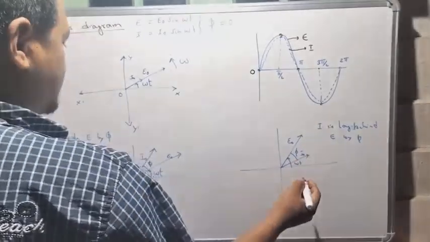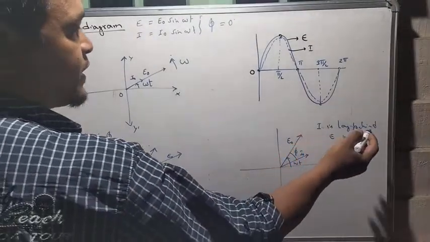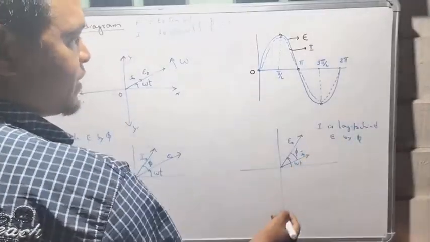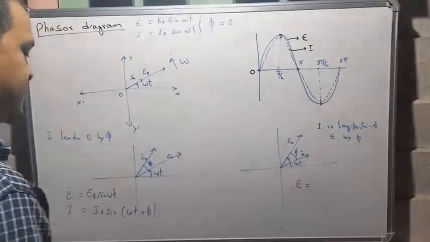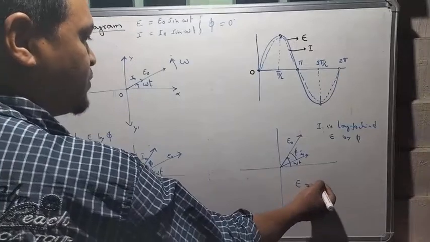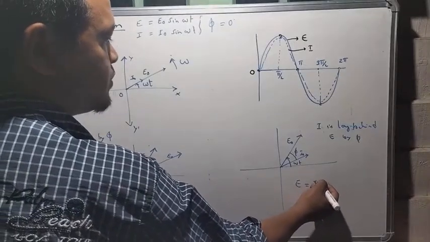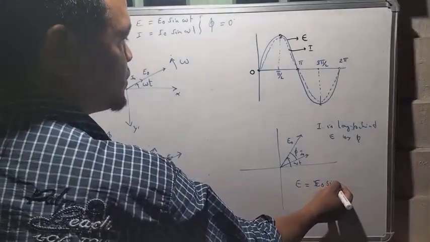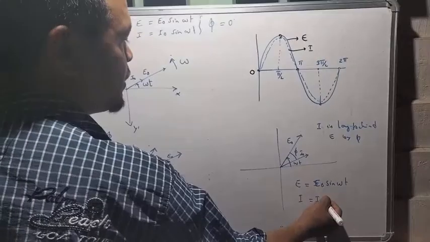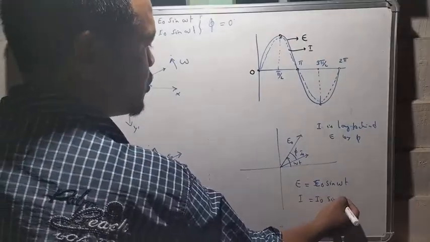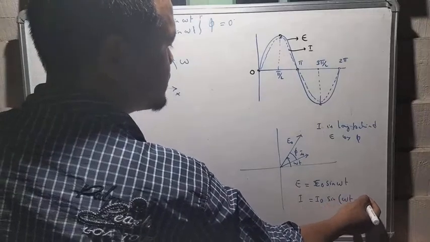So if the current is lagging behind the EMF by an angle phi, then the equations of the instantaneous EMF and current will be E equal E naught sine omega t, and I equal I naught sine omega t minus phi.